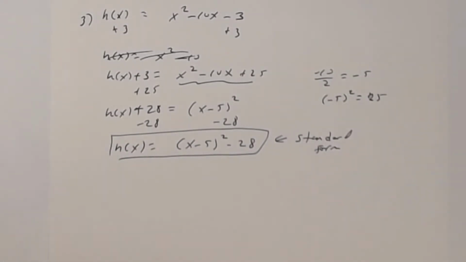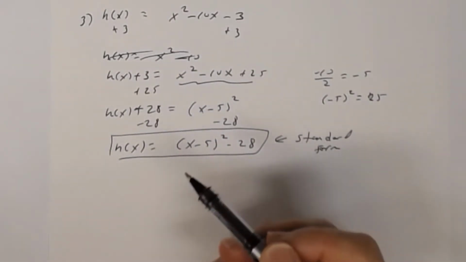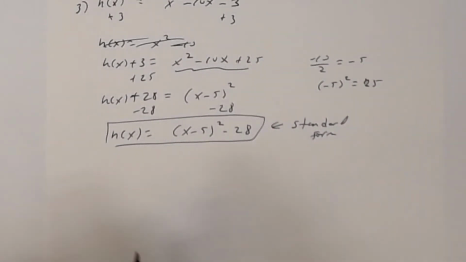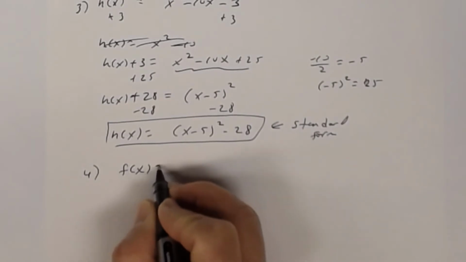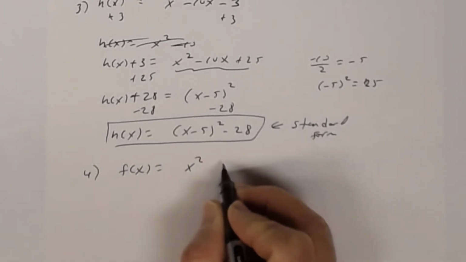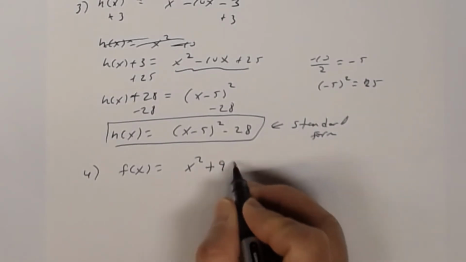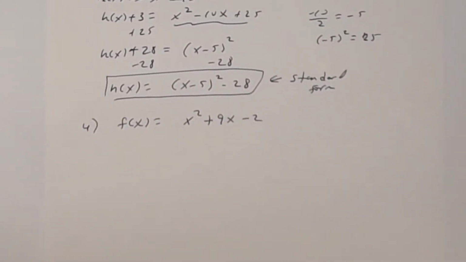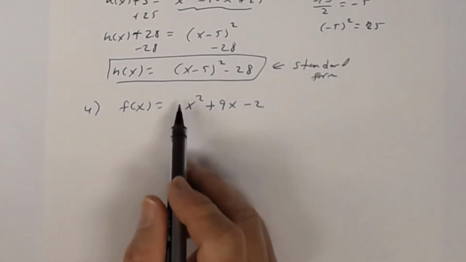Let's look at number 4. In number 4, let's go ahead and do one where the coefficient of x is not an even number, just to show you what to do. Let's say f of x equals x squared plus 9x minus 2. Again, the coefficient of x squared is 1, so that's a good thing.